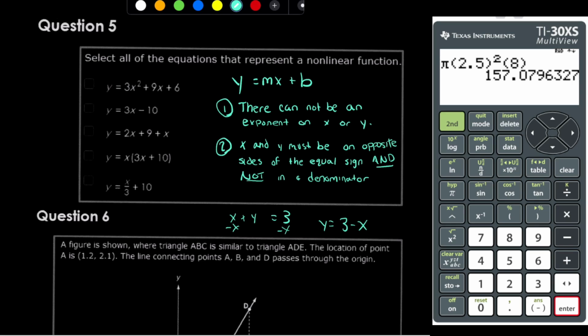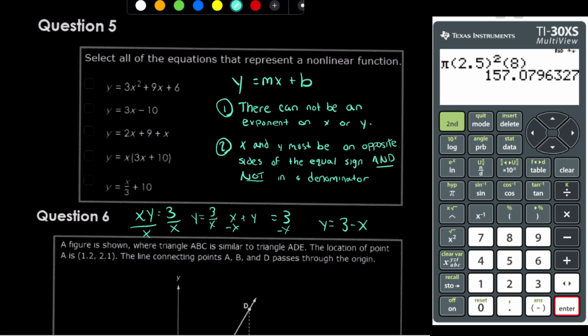Because, for example, if they gave you one like xy equals 3, the only way to move it is now dividing by x, and you would get y equals 3 over x, and that doesn't work. That's not linear. Okay?